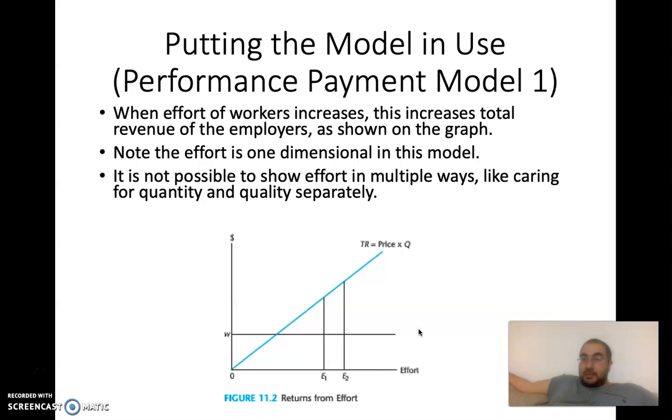And TR is the total revenue, by the way. Total revenue is price times quantity. So if E1 is correlated with the quantity, it might very well be this area, basically, the quantity and the price.